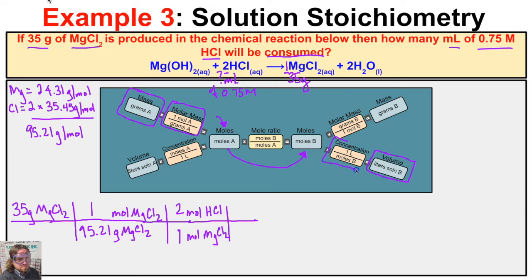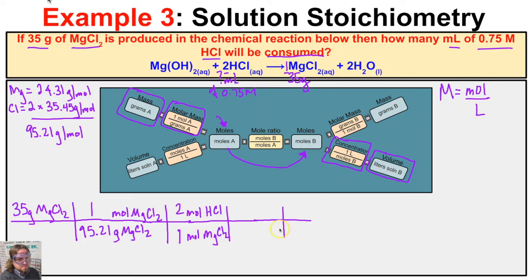We now need to figure out the volume in liters of our hydrochloric acid. And so if we take a look, we need to multiply this by the concentration of our hydrochloric acid. The concentration of our hydrochloric acid is 0.75 molar. Whenever we see this capital M, this means moles per liter. There's this many moles of hydrogen chloride dissolved for every 1 liter of water.